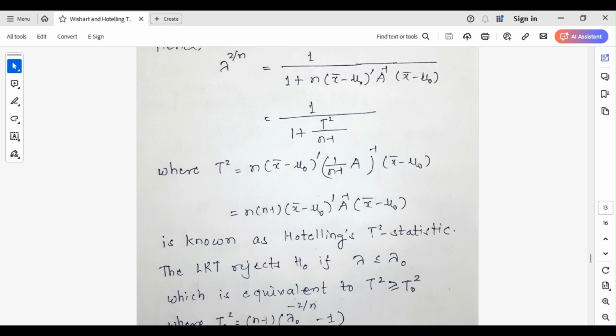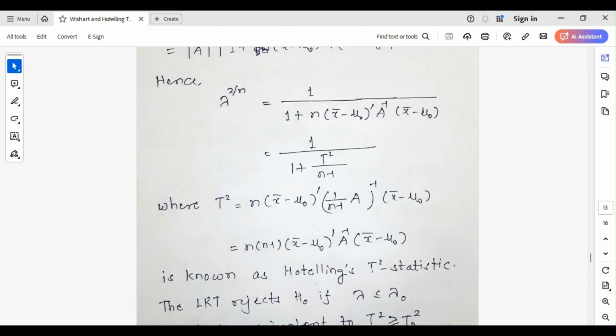Now, as we had seen initially, the likelihood ratio test rejects H naught if lambda x is less than or equal to a constant. Suppose that constant, instead of c, we denote by lambda naught. Then, because lambda raised to 2 by n is equal to 1 upon 1 plus t square by n minus 1, we can notice that lambda is a decreasing function of t.